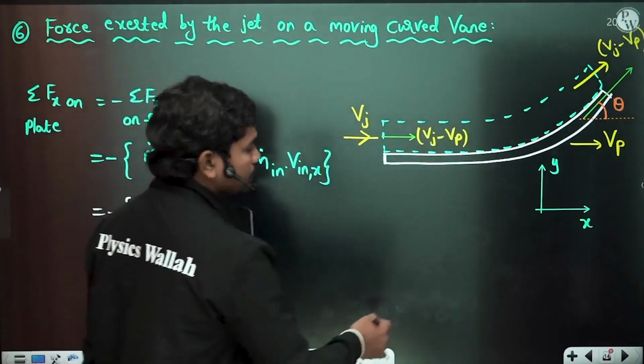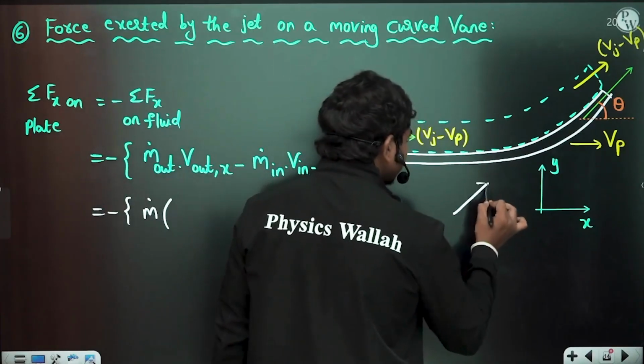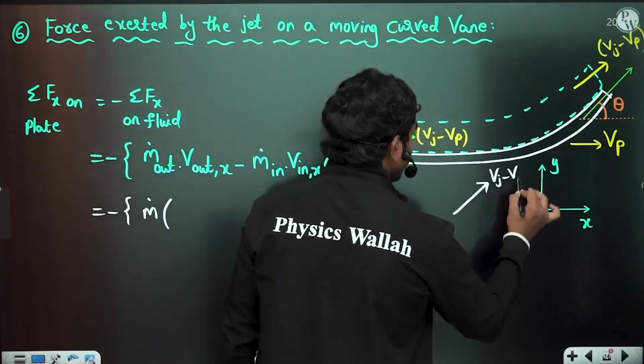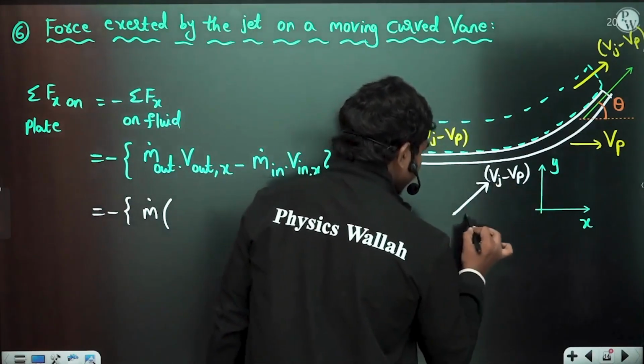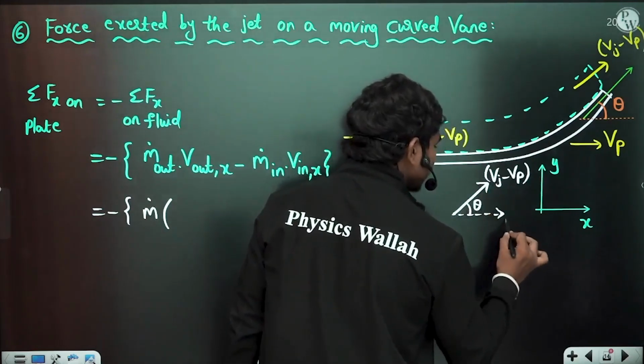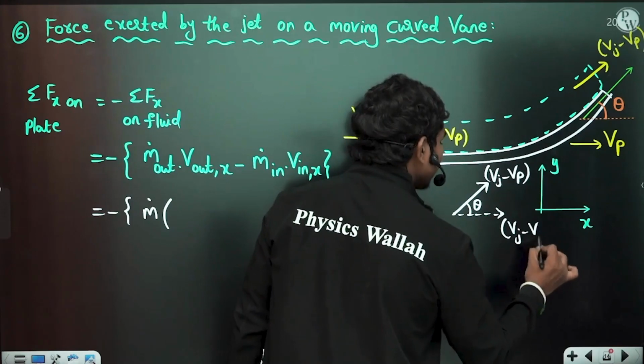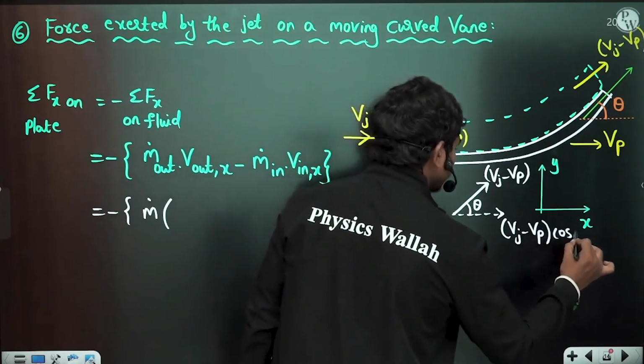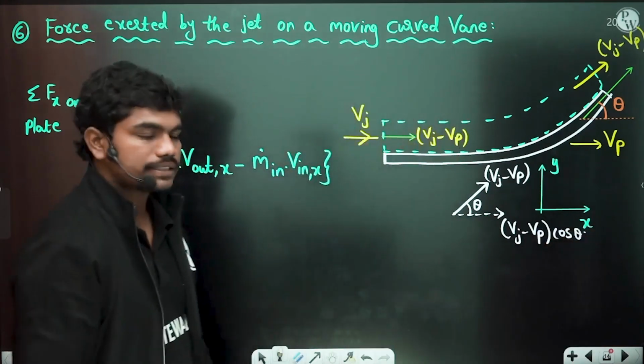Vj minus Vp is at some inclination. So if this is Vj minus Vp, inclined at some angle theta, then the x component is Vj minus Vp cos theta.